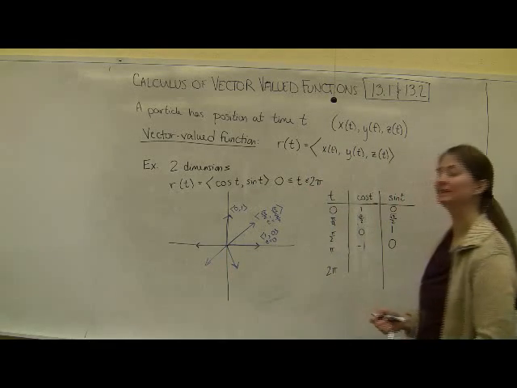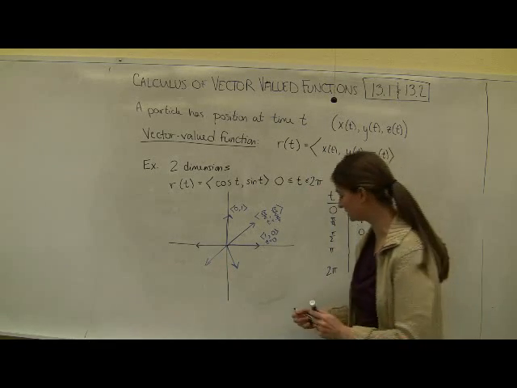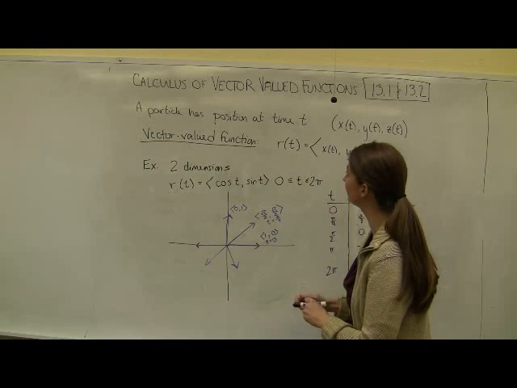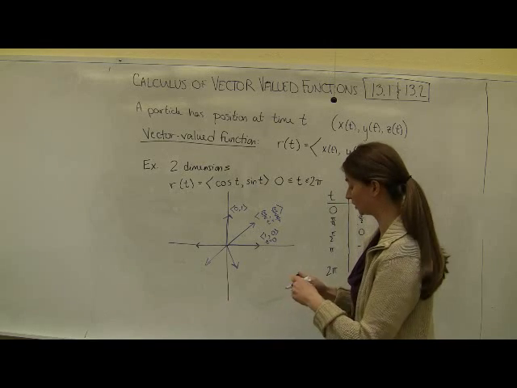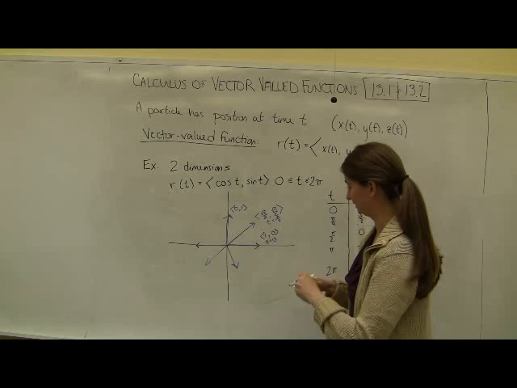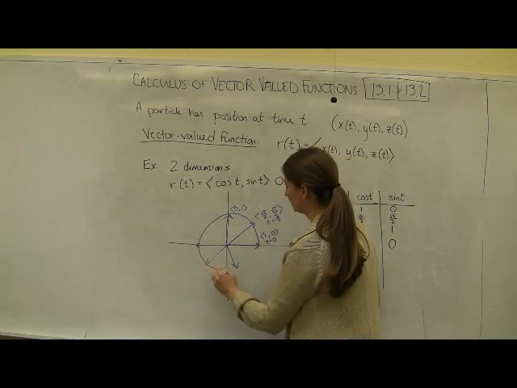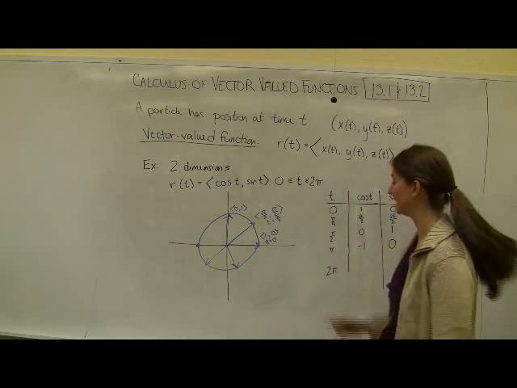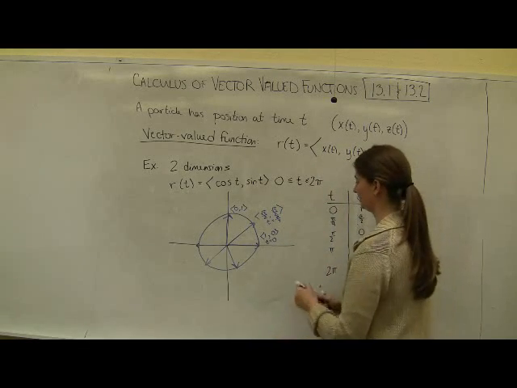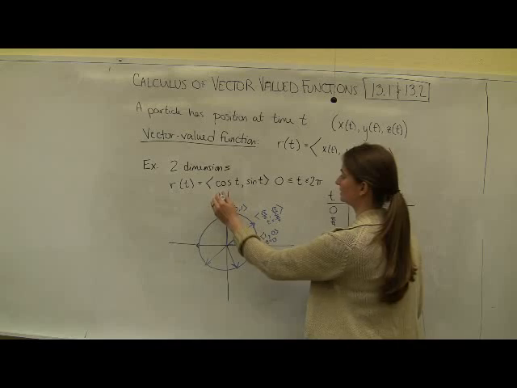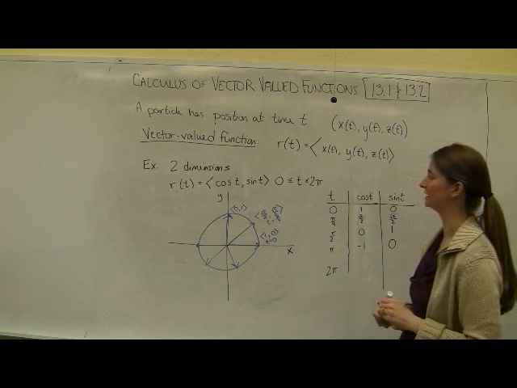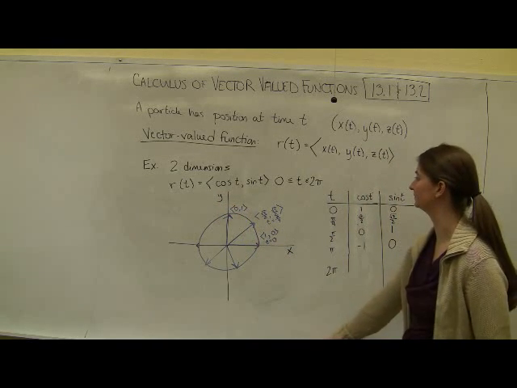And we see that if I look at the tips of all of these vectors, if I think of the tip of the vector as the position of the particle at time t, we see that this particle would trace out a circular path in the xy plane. I should have labeled these as x's and y's for my two-dimensional component function.